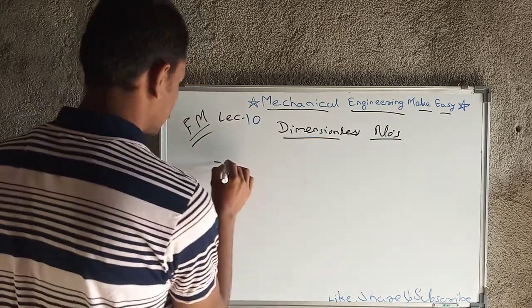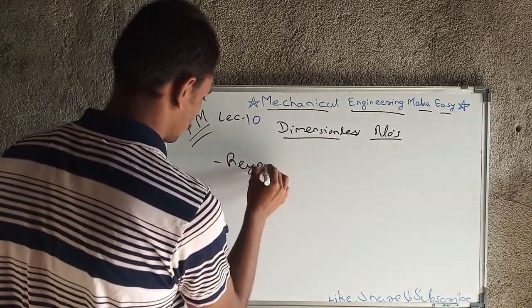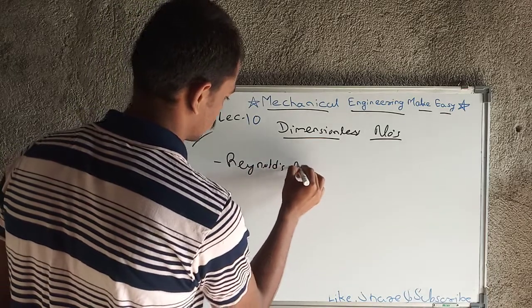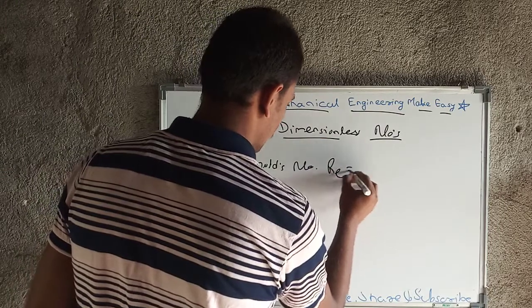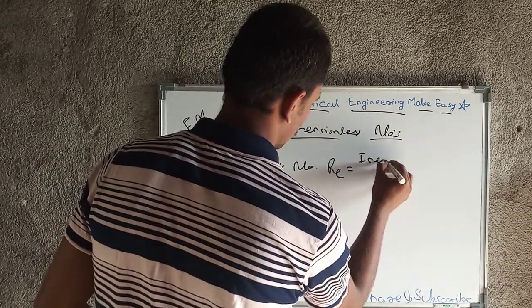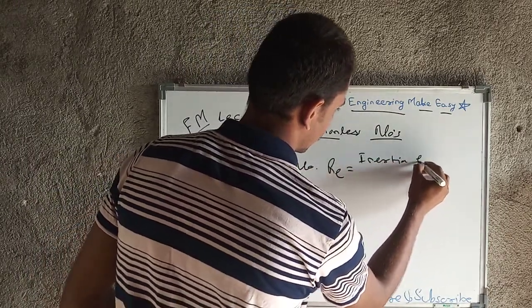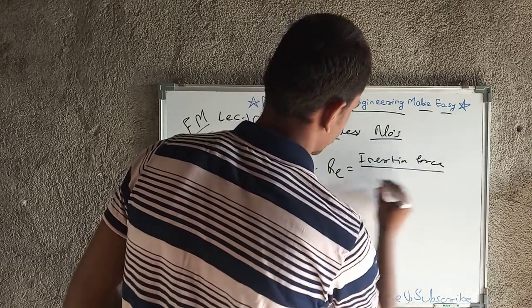So the first number is Reynolds number. Reynolds number is denoted by Re, and it is equal to inertia force upon viscous force.